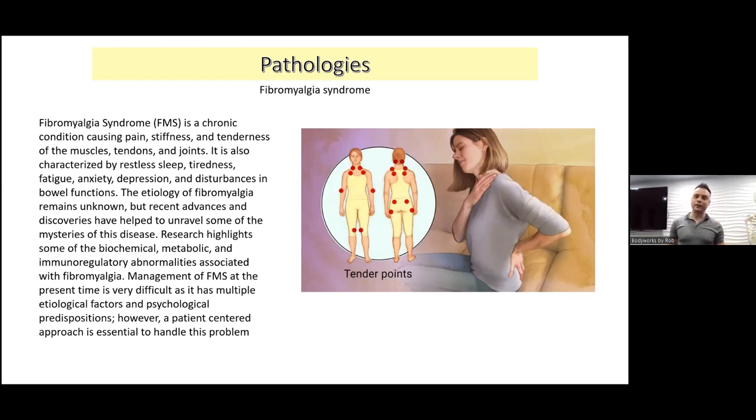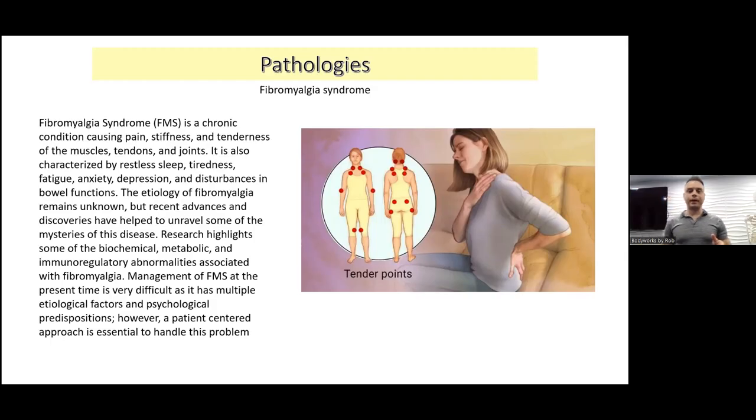So what exactly is fibromyalgia? Well, there is no known cause for fibromyalgia. It just came about, right? I personally think it's a lot of stress related, but that's neither here nor there.